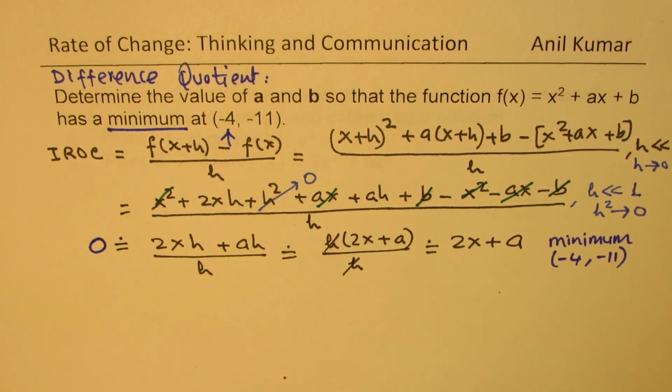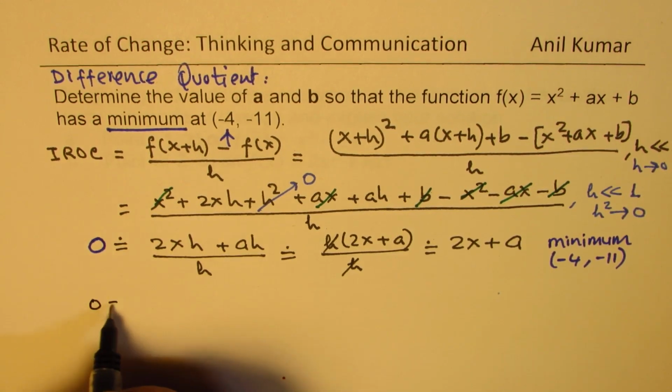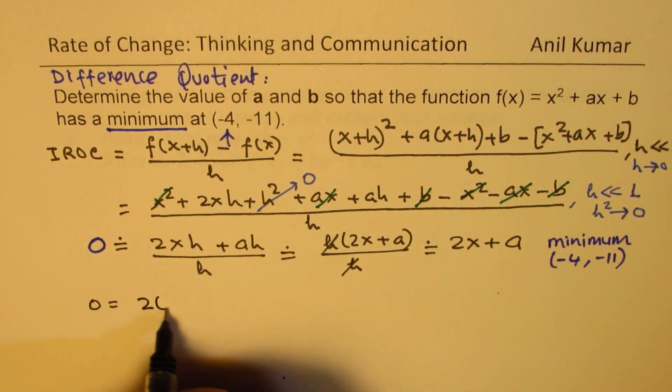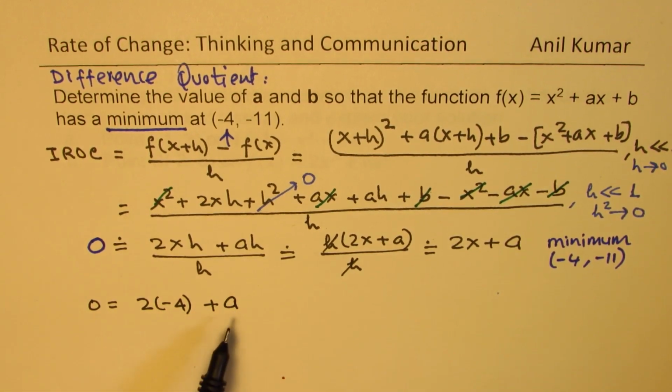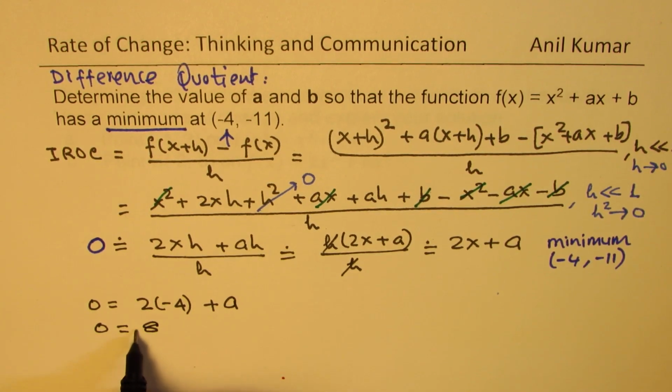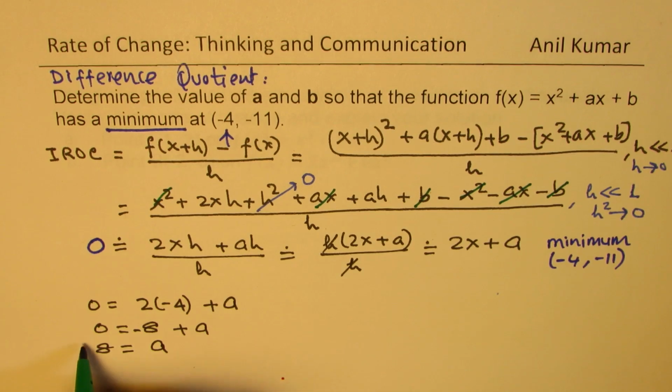When I do that, I get 0 equals 2 times minus 4 plus a. From here I can find the value of a. So we get 0 equals minus 8 plus a, or 8 is the value of a.